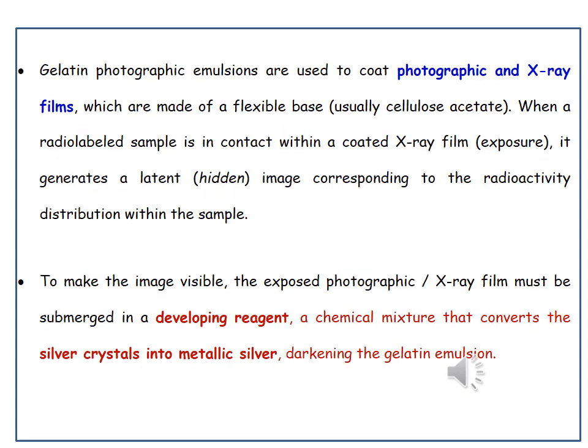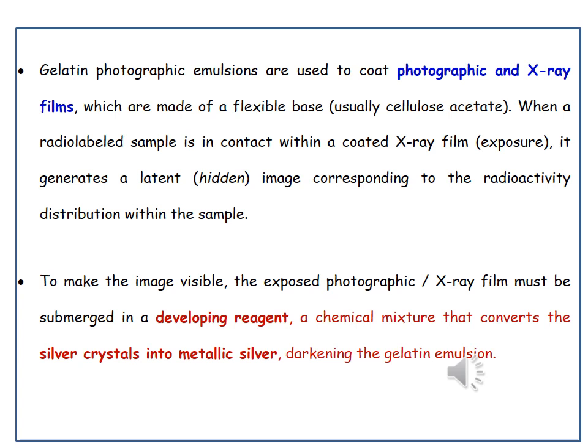Gelatin photographic emulsions are used to coat photographic and X-ray films, which are made of a flexible base. When a radiolabeled sample is in contact with a coated X-ray film, it generates a latent image corresponding to the radioactivity distribution within the sample.